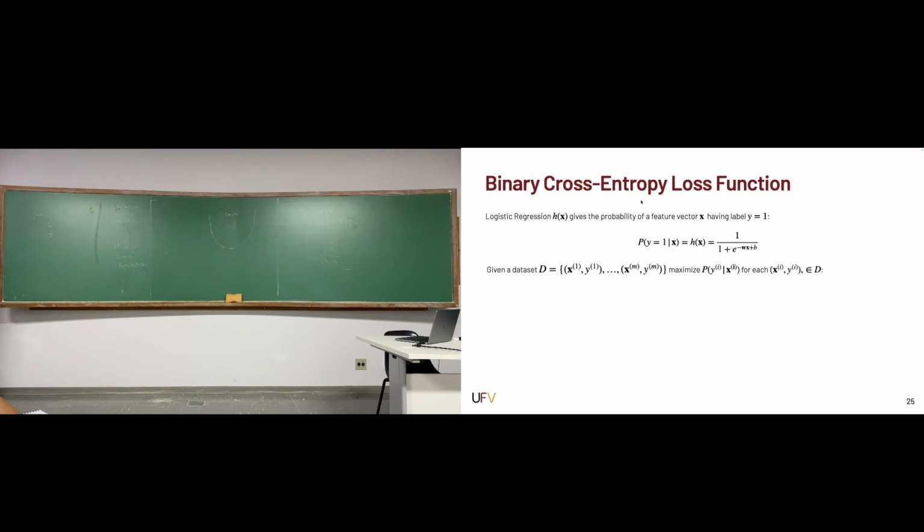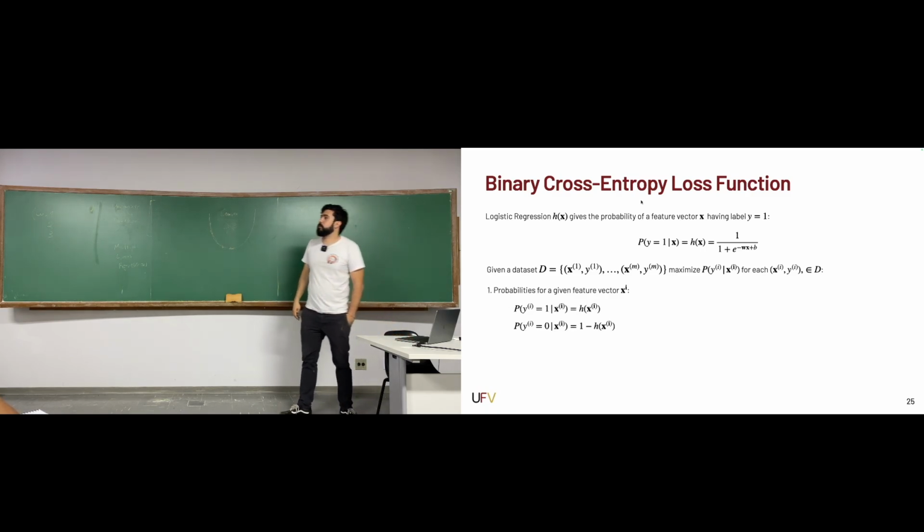If the example has label 1, I want this prediction to be close to 1. If the label, for example y2, had label 0, I want this probability to be close to 0. Okay, so this is what I'm writing here. Let's try to build this slowly.